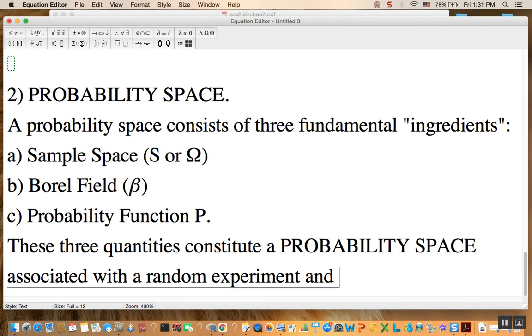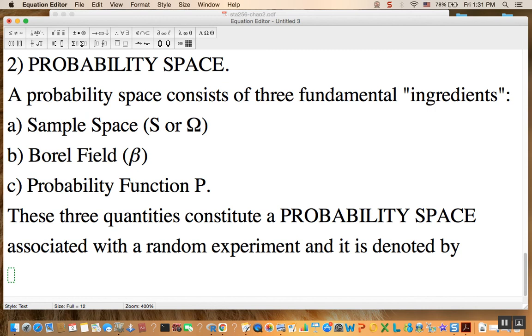And in notation, it is denoted by S, beta, and P. Okay?